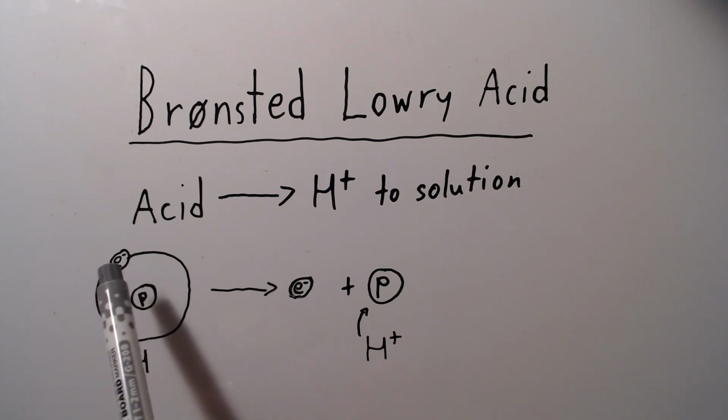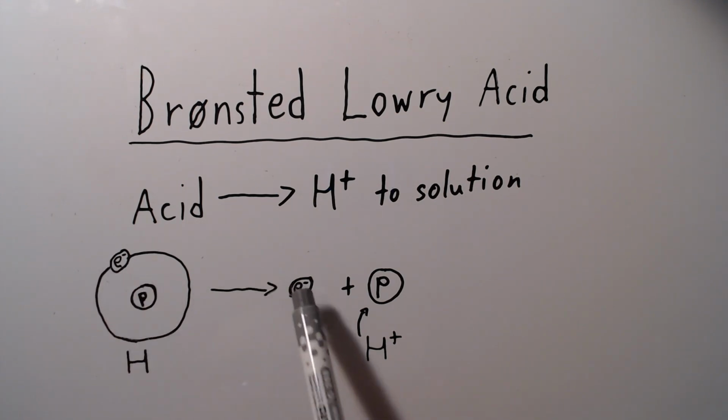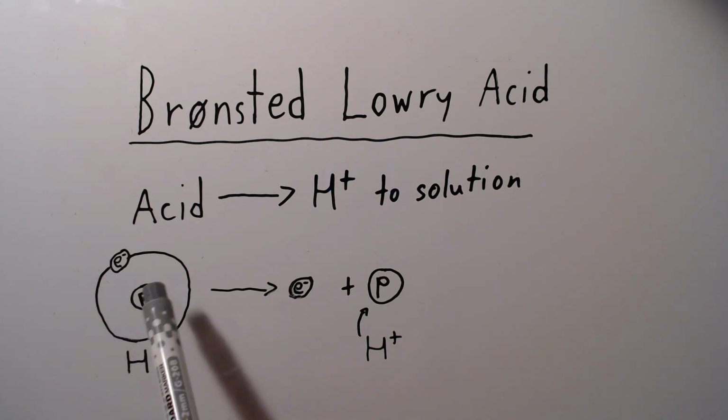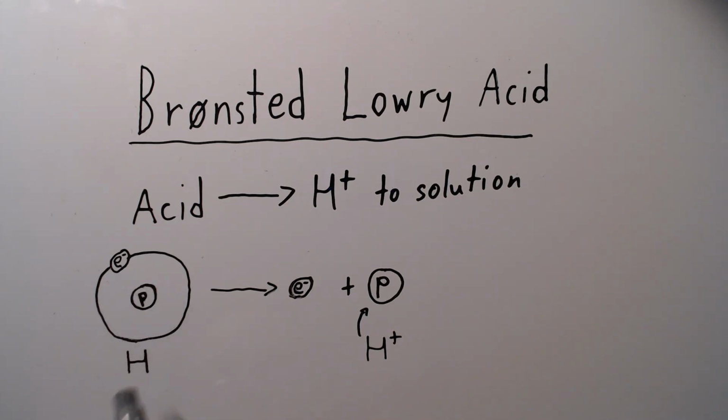So you can see the H atom lost this electron. This electron is separated from the single proton that the nucleus of the H atom consists of, and only the proton is left. So when H becomes H+ by losing an electron, there is only that proton nucleus left. So H+ are usually also called protons.